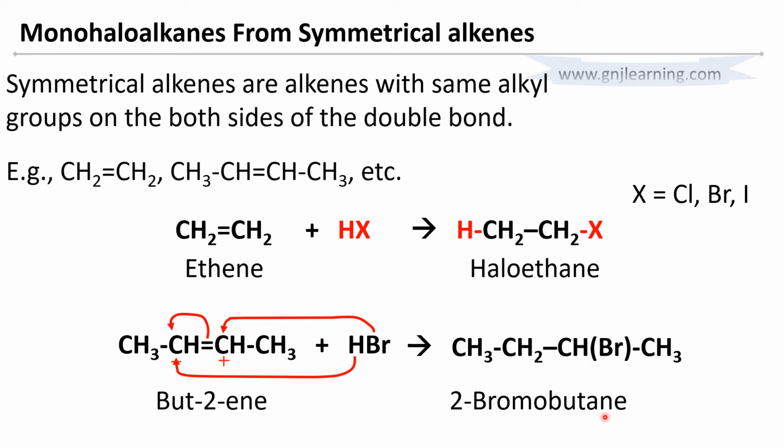That's what I said. It doesn't matter where the electron is moving in the case of symmetrical alkenes, because you are going to get the same compound whether it is moving to this carbon or to this carbon.